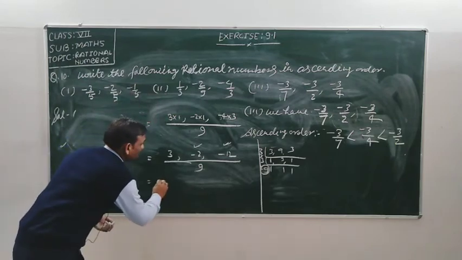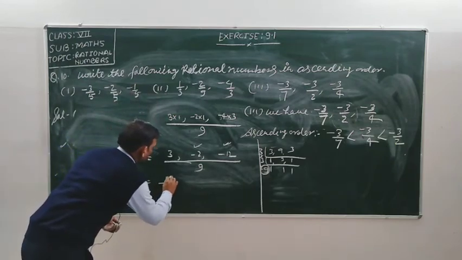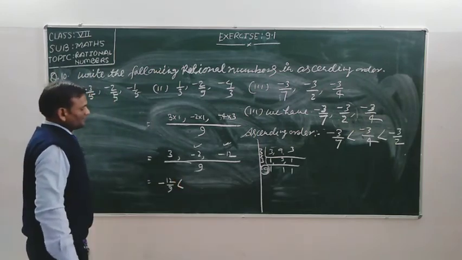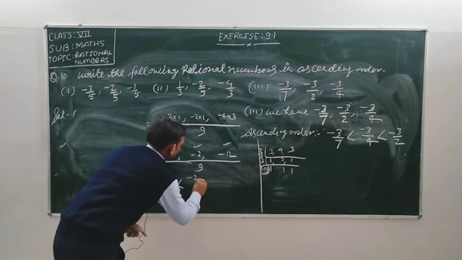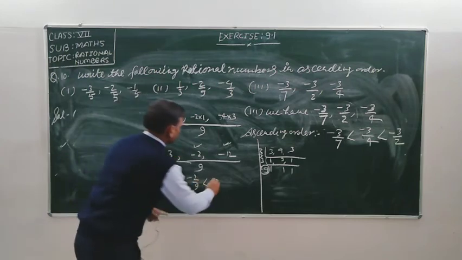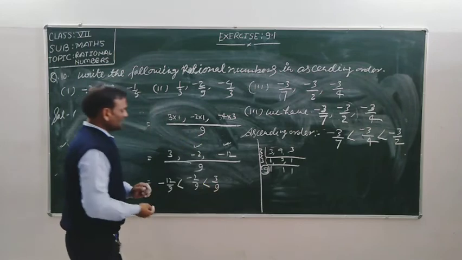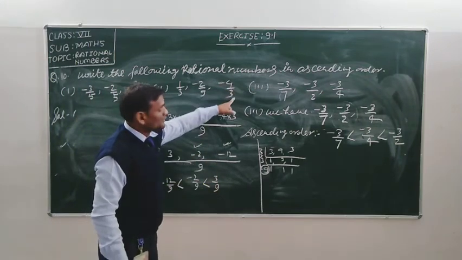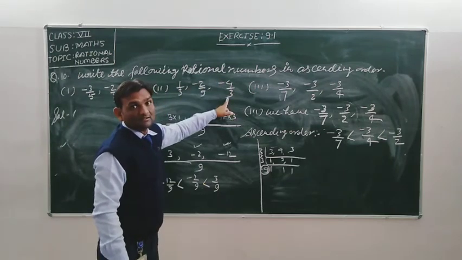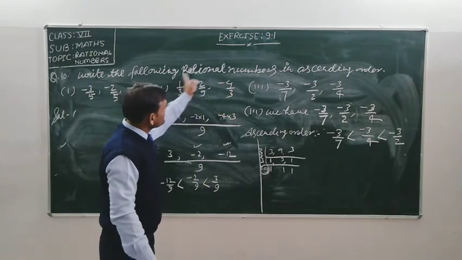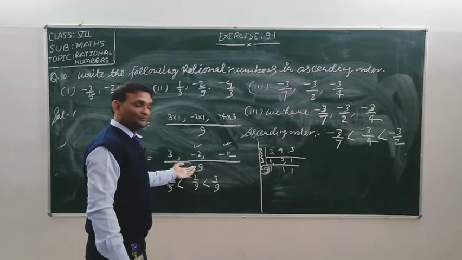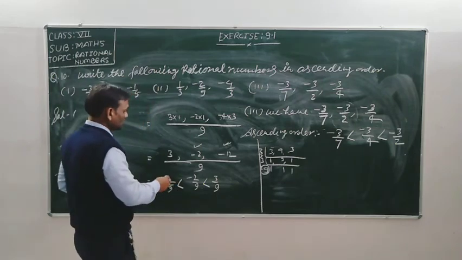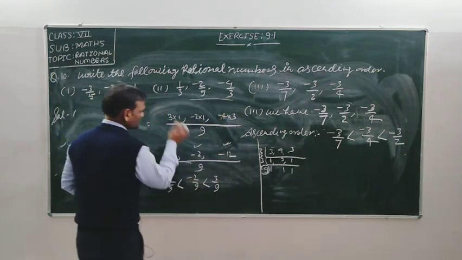So we write first minus 12 upon 9, then minus 2 upon 9, then 3 upon 9. Minus 12 upon 9 has come in the place of minus 4 upon 3. So this is my question, student. We need to write this question in ascending order, not this, but we compare these fractions to these rational numbers. Sorry, student.